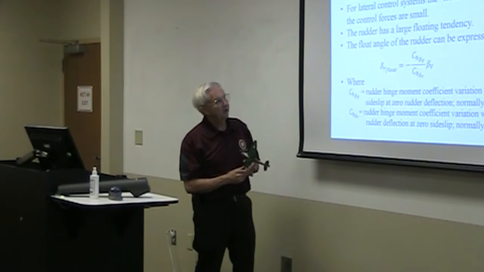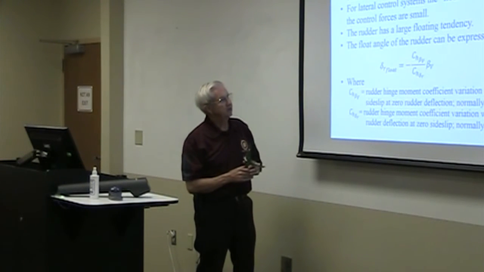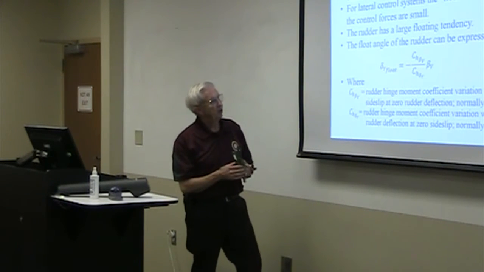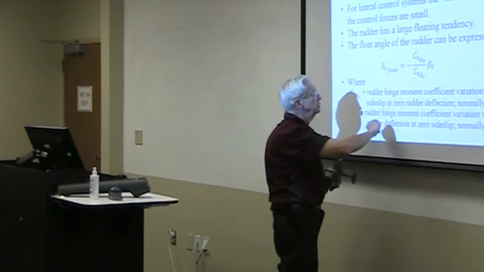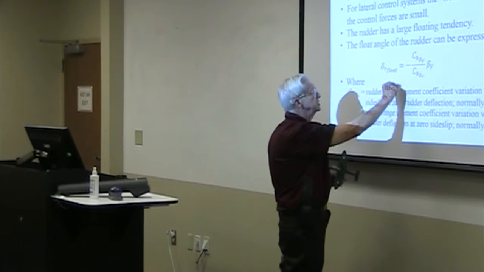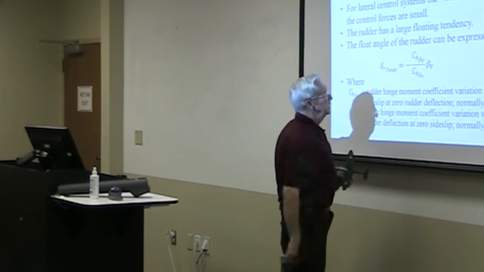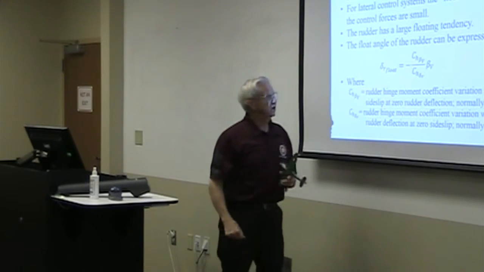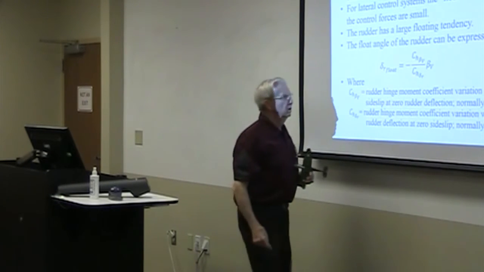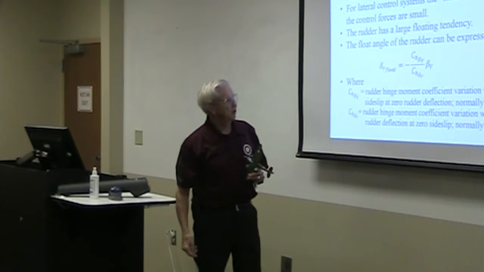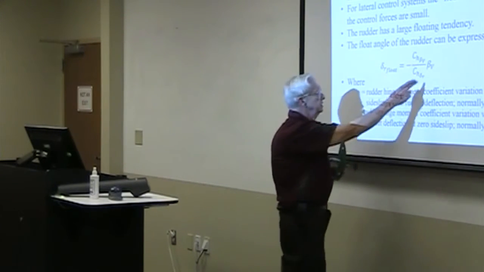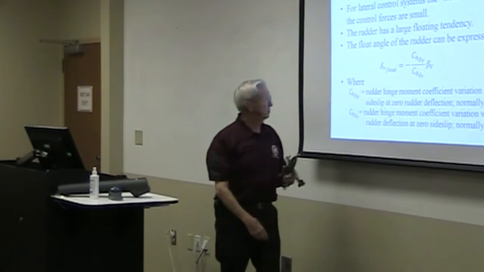The rudder, on the other hand, has a large floating tendency. And the float angle of the rudder can be expressed as delta R float, or the float angle, is equal to the hinge moment due to side slip of the vertical tail over the hinge moment due to rudder deflection times the side slip at the vertical tail.